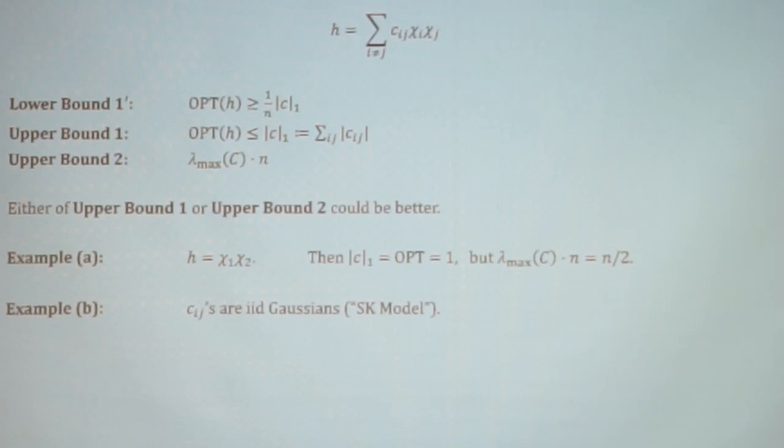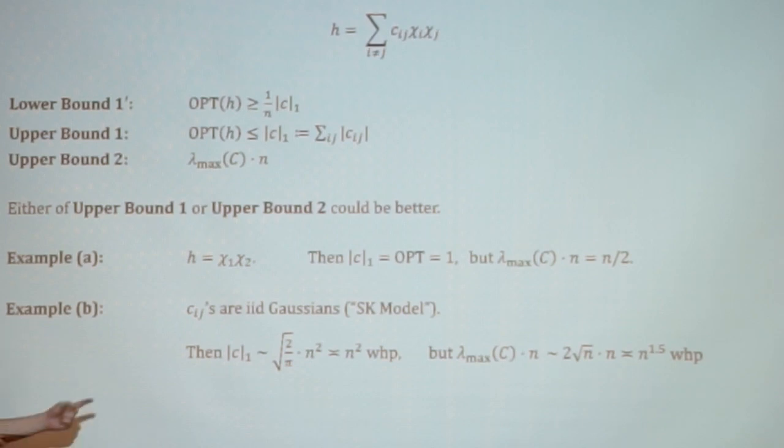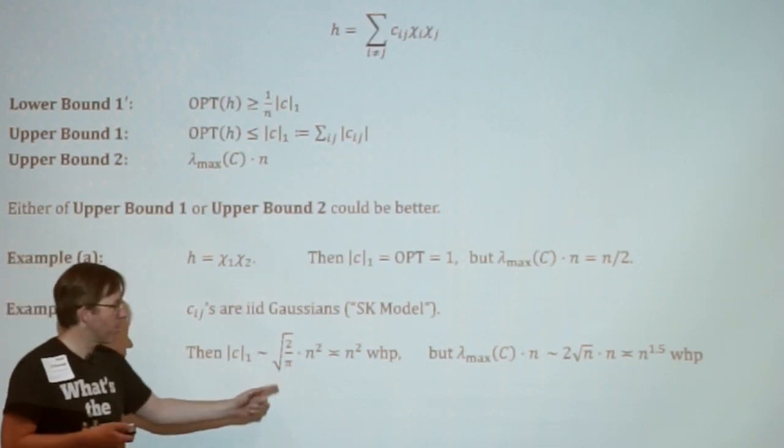On the other hand, here's a different example that's motivated from physics. It's the instance where you choose all the Cij's to be independent Gaussians. It's called the Sherrington-Kirkpatrick model. If you choose them at random and then fix them and study the optimization, the maximum value of this, well, the upper bound 1, the sum of the absolute values of the coefficients, there are basically n squared terms, and the absolute value of a Gaussian in expectation is some explicit number.